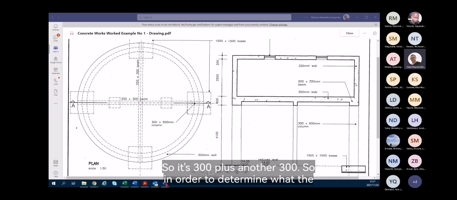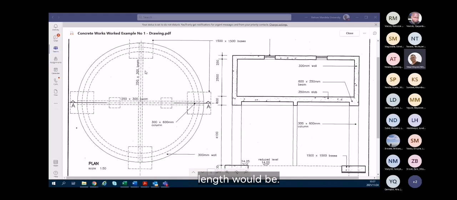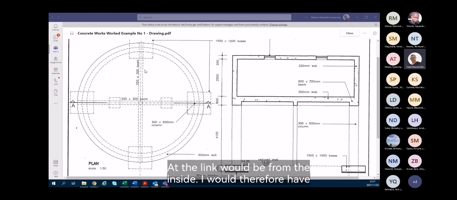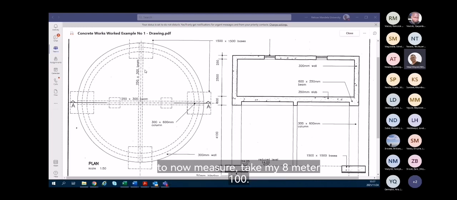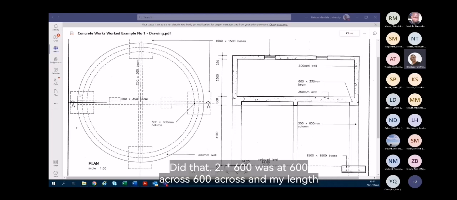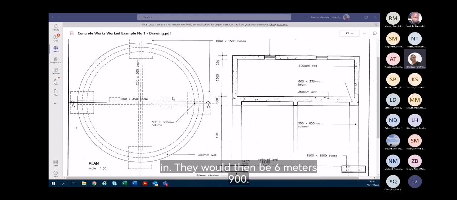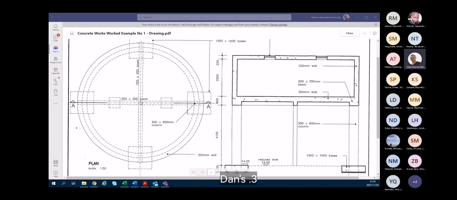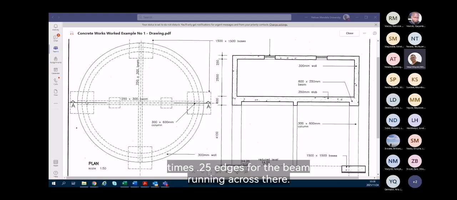To determine the length from the inside, I take my 8 meter 100, deduct 2 times 600, because that's 600 across, 600 across, and my length in there would then be 6 meters 900, times 0.3 times 0.25. That is for the beam running across there.